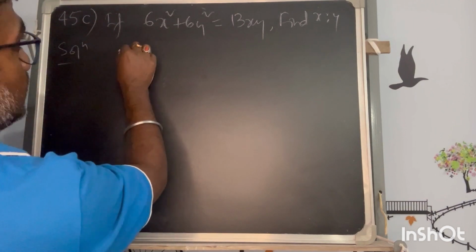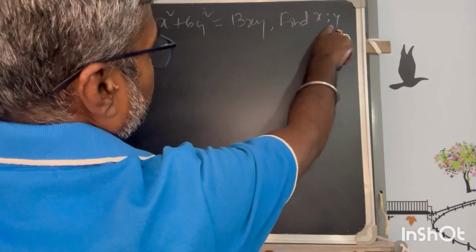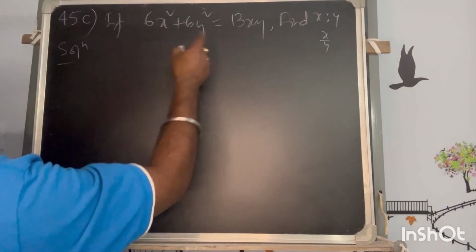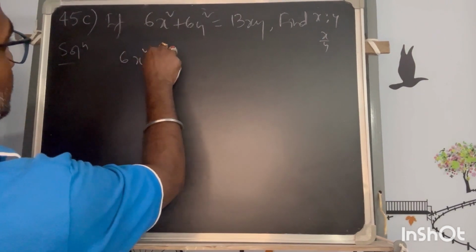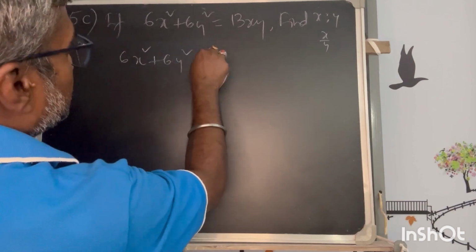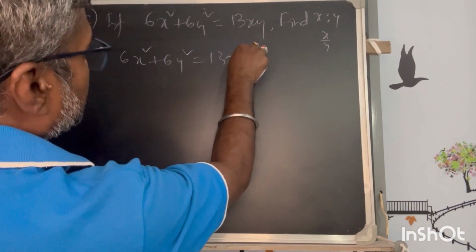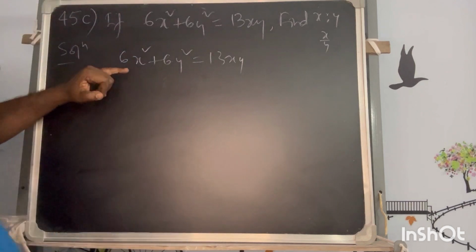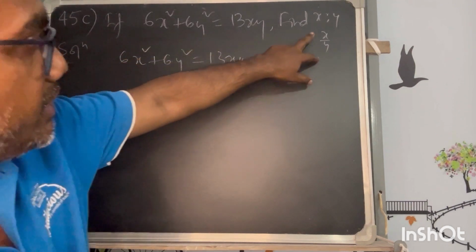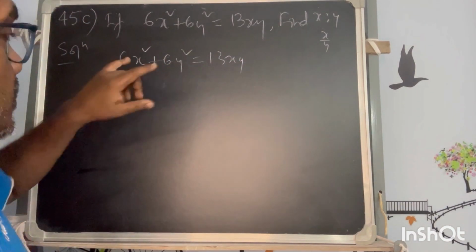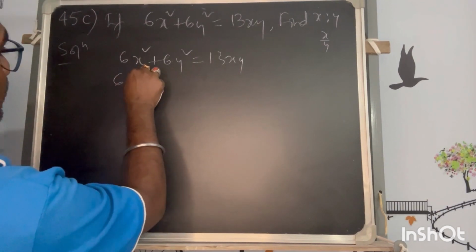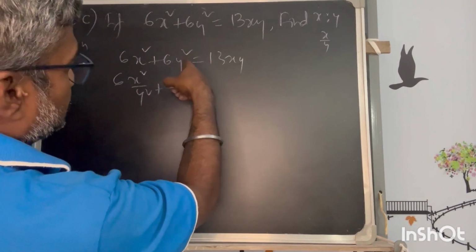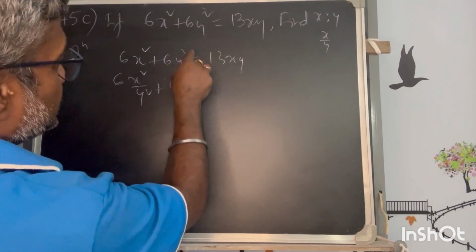So how will you solve it? First thing you have to understand: x is to y means you have to find x by y. By seeing this equation, if I can represent it uniformly as a quadratic equation in x by y, what you will do is divide all the terms by y square. So this will convert into 1, y square by y square.